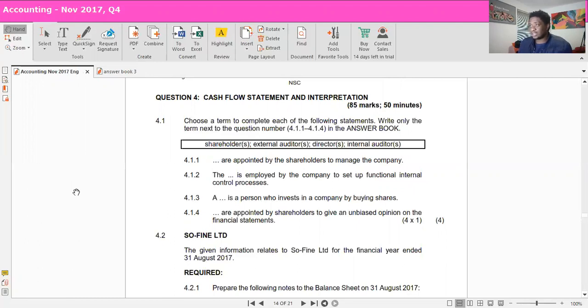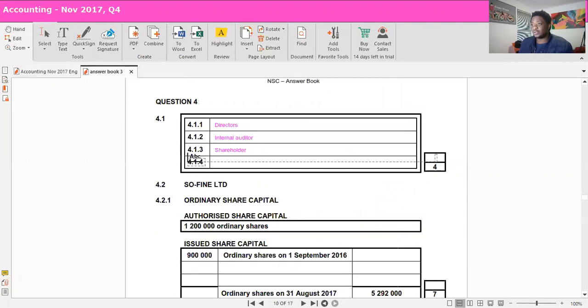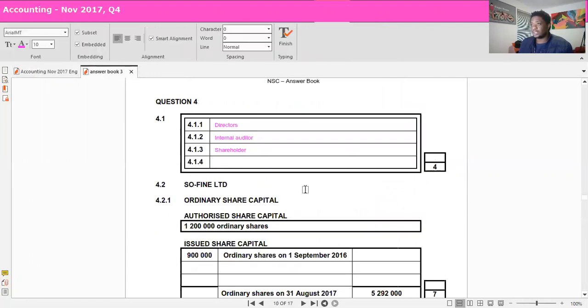These are external auditors, and that's the only option left. So the first one should have been easy. Cool. And that is an easy, straightforward 4 marks.